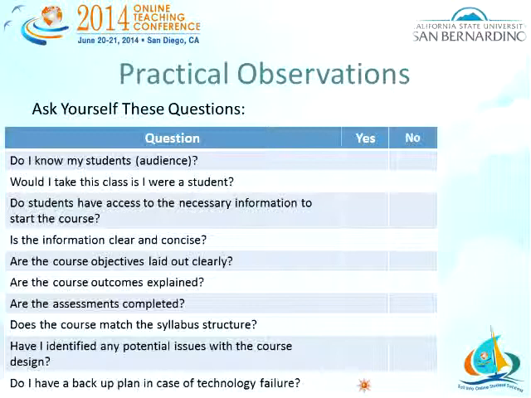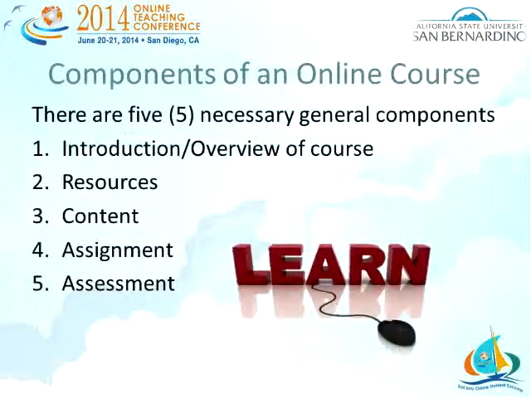So these are initial observations that I like each of us to consider when we think that our course is complete, finished, and ready to go. And if there are any no's in here, then at least you can go back, identify them, and plan accordingly.